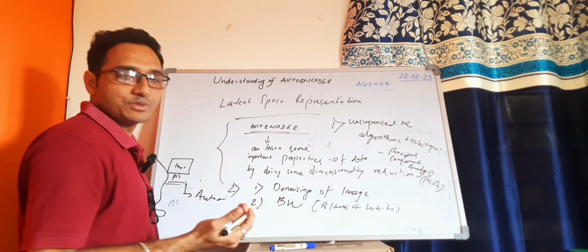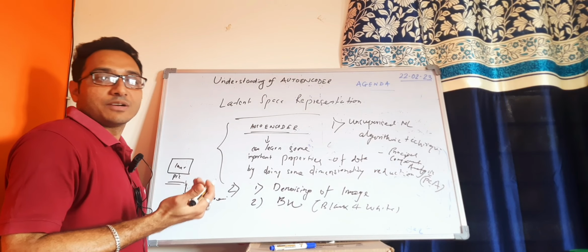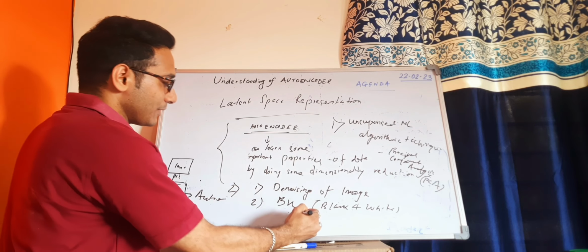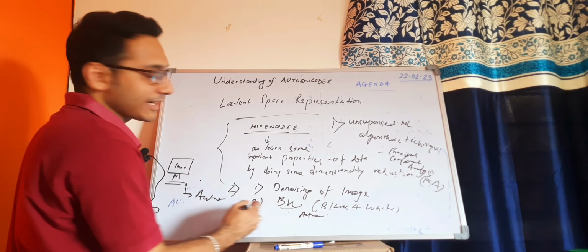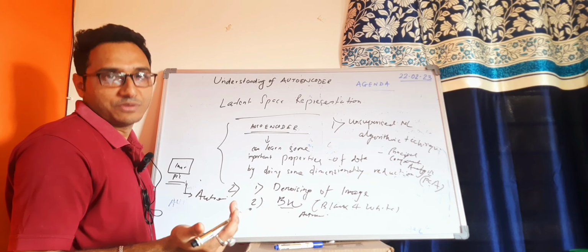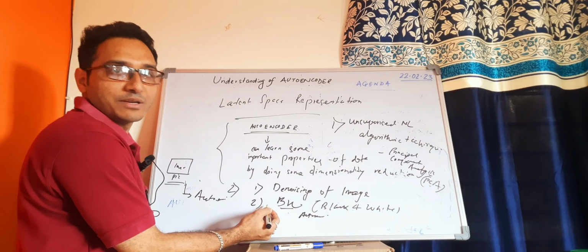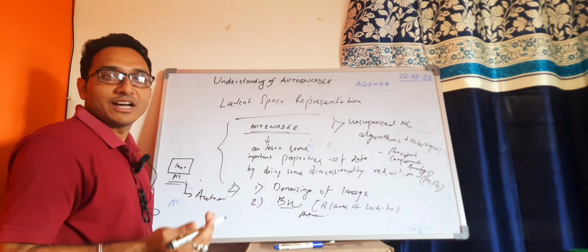You are mostly capturing color photos, but you want to convert it into a colored photo. So here also you can use the autoencoder. Autoencoder can convert this black and white into your desired colored photo. So these are two very important applications you can definitely mention in your interviews if somebody asks what are the applications of autoencoder.